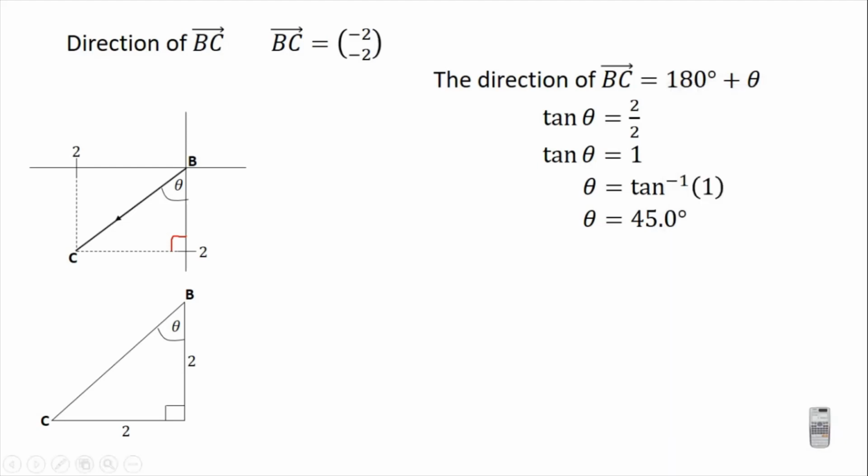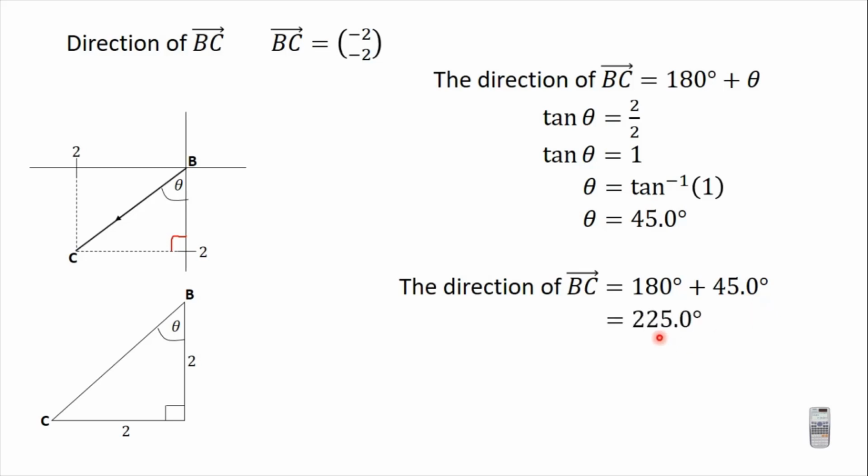Now, but the question says we should leave our answer in one decimal place. So it's going to be 45.0 degrees, to indicate the one decimal place. We are looking for theta in order to find the direction of BC. We know that the direction of BC is equal to 180 degrees plus theta. Theta is now 45.0 degrees.